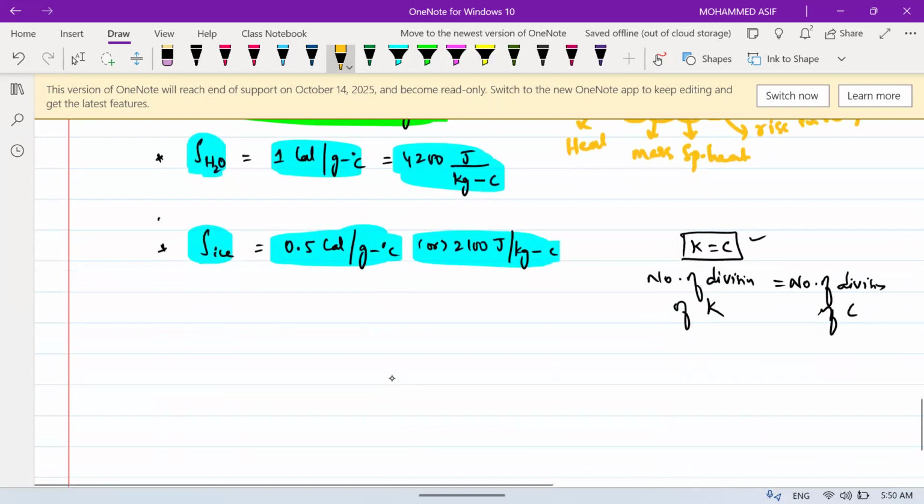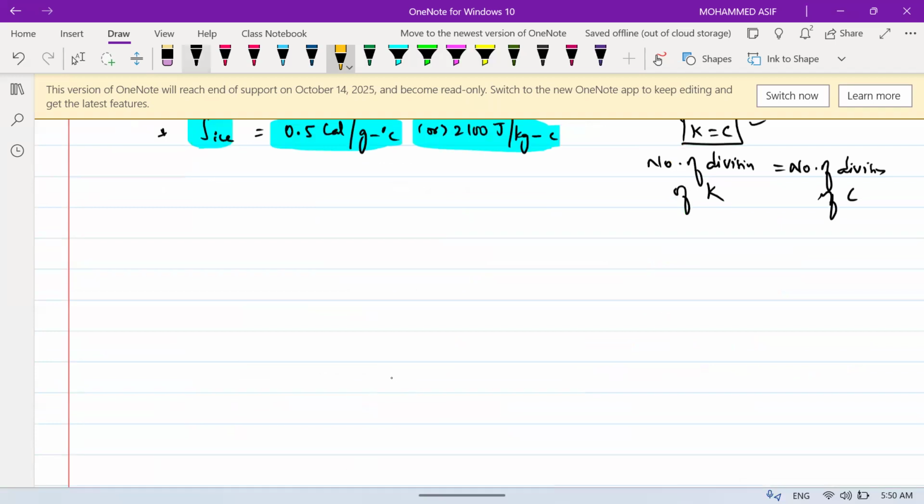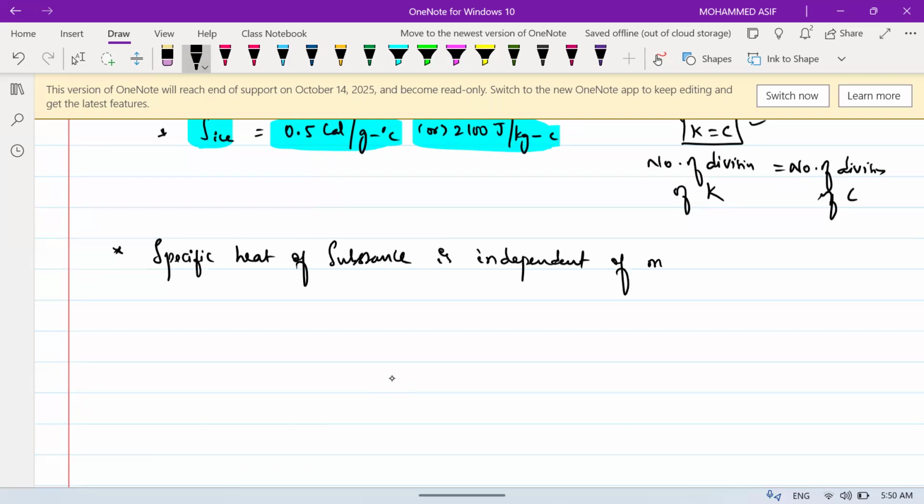Now see this point, very important. Specific heat of a substance is independent of the mass of the substance, because it is a constant.